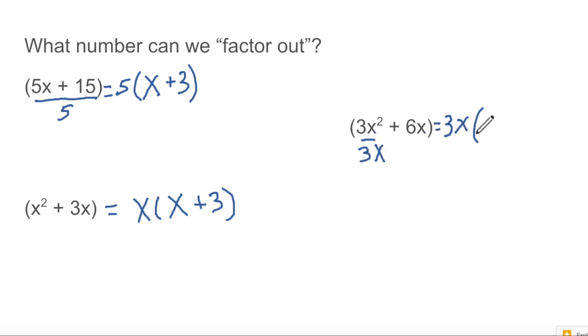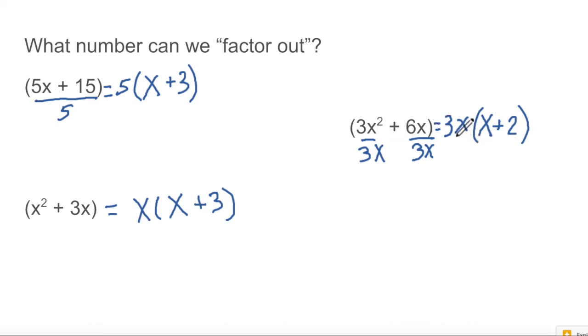So all we get left is just an x in the first term. And then if we divide a 3x out of the second term, what do we get? Well, we divide by 3, we get 2, so plus 2. And then the x's cancel out, so that's all we get. So 3x times x plus 2 is the factored form of this binomial.